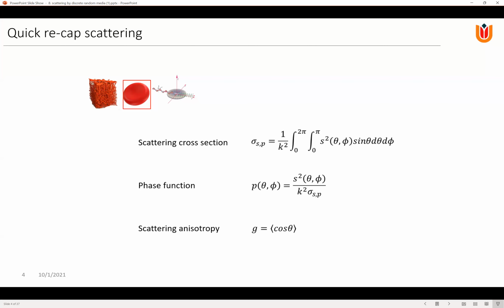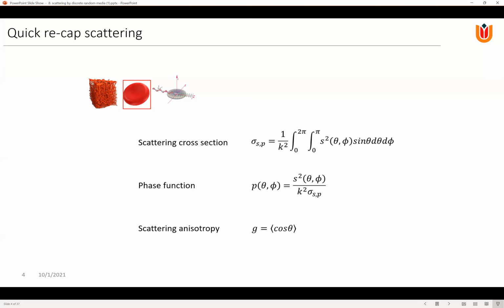If light is scattered purely forward, then theta is 0, and the cosine of theta would be 1, and the average cosine in that case would be 1. So G tells you how much light is scattered in the forward direction. But let's say that the photon is scattered under this angle.